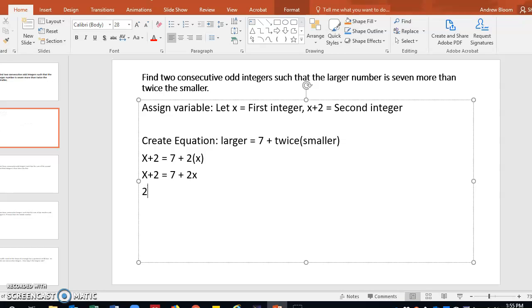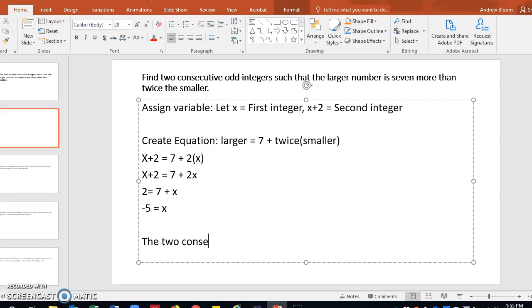So I'm going to subtract x from both sides, and 2x minus x is x. And then I'm going to subtract 7 from both sides. So 2 minus 7 is negative 5. And now I have my solution, right? x equals negative 5.